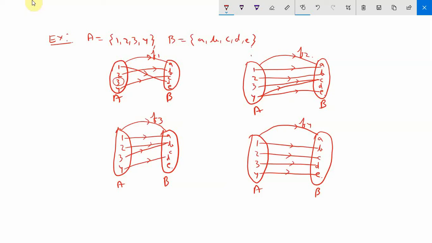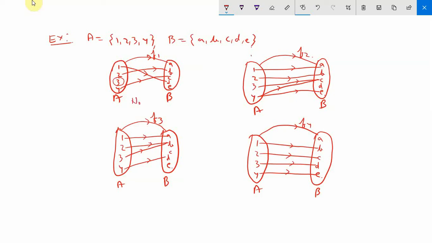Next, if we see F3, all the elements of set A have images in set B, and all the elements in set A have unique images in set B. 2 and 3 both have an image in B, but these have only one image in B. So F3 is a function.